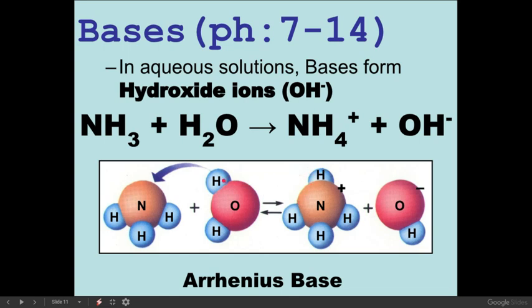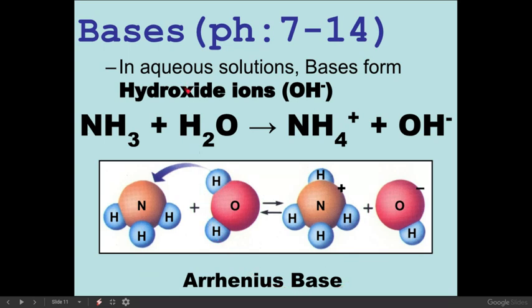You see how this H is now here, and that an H has been taken off here. This is the hydroxide ion. So this is what's happening when we're mixing a base with water. We create a hydroxide ion here, and this is going to be an Arrhenius base.